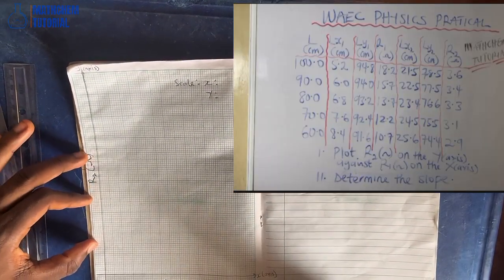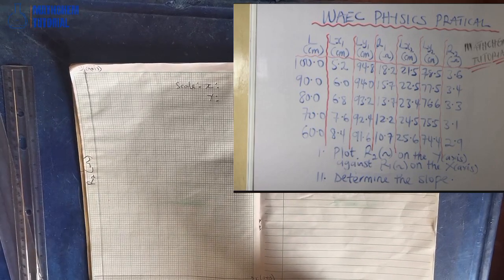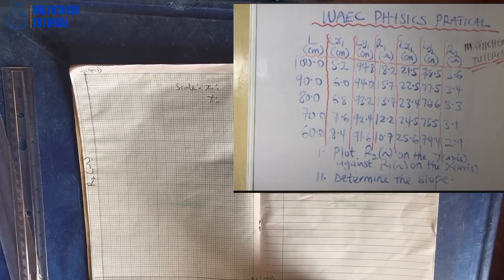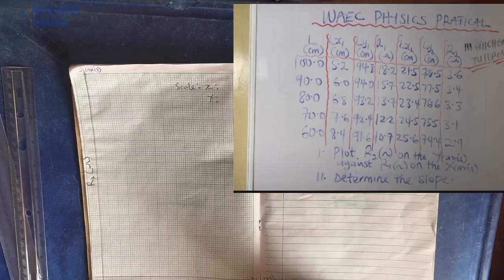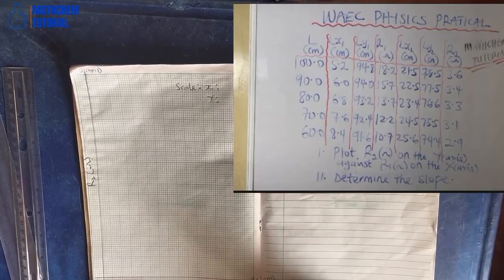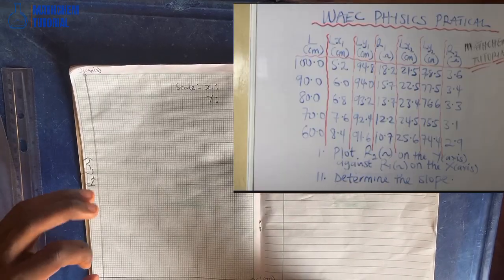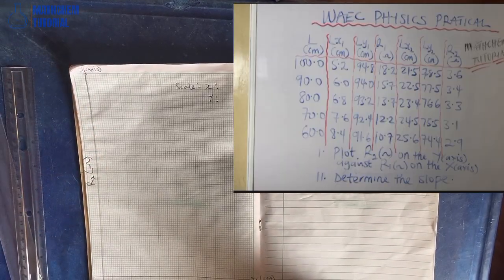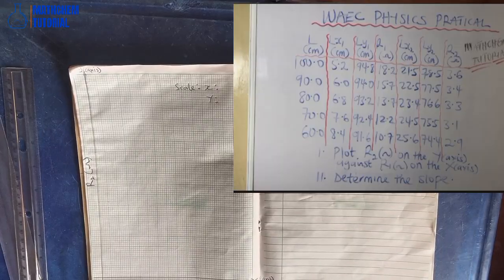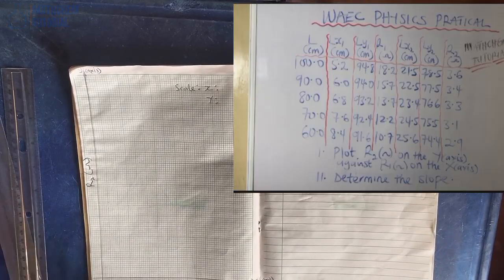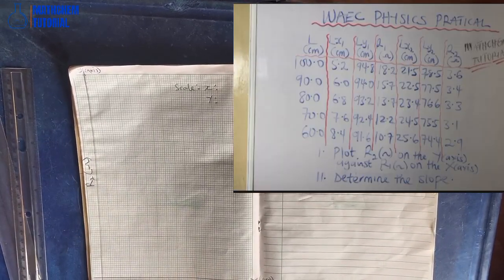Okay, now from the table of what we are plotting, which is R2 against R1, look at the smallest number in R2 and the biggest number in R2. I want to write a graduating scale for my y-axis.